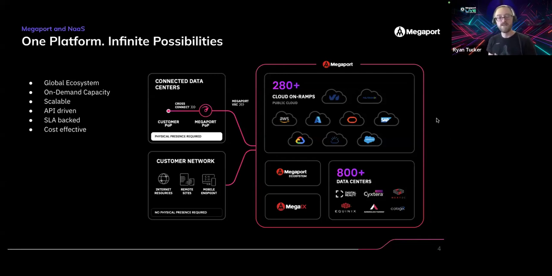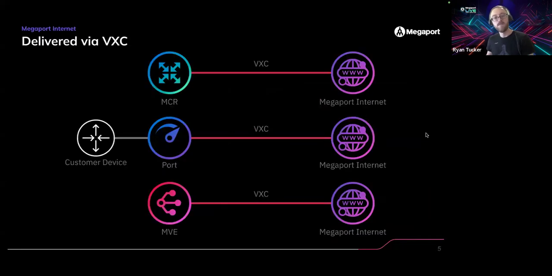You can design the network how you like and for however long you like. It's scalable and elastic. It fits that cloud model that you're probably used to with cloud providers, but in the network space rather than the compute space. So from there, what we're looking at today is the fact that one of those things that you can connect to over that network is the internet.